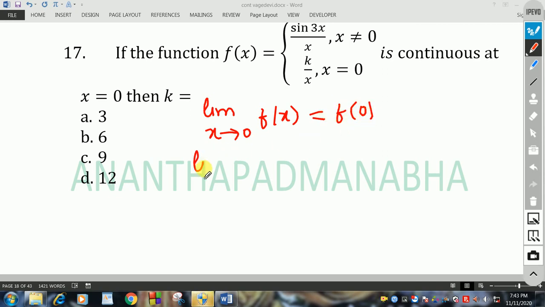That is, limit as x tends to 0 of sin 3x by x is equal to k by x. This is what is given here. Okay, so it is actually k by 2. I am sorry, while typing it is typed as x, it is k by 2.